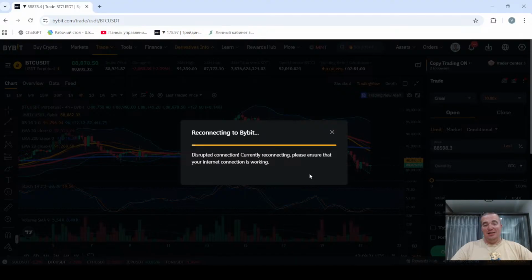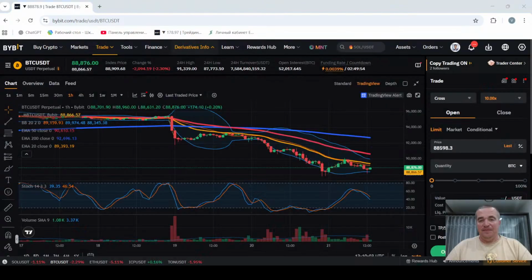You see that stochastic is still looking down, but price is confirming a base. So maybe we do not really want to open new shorts.